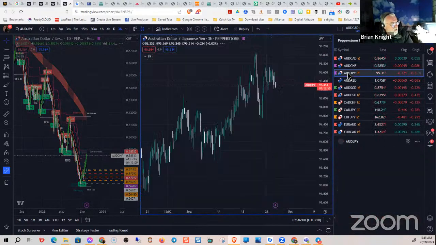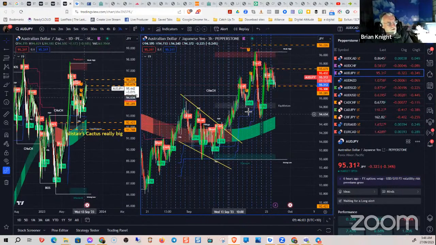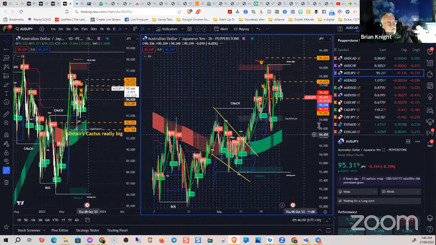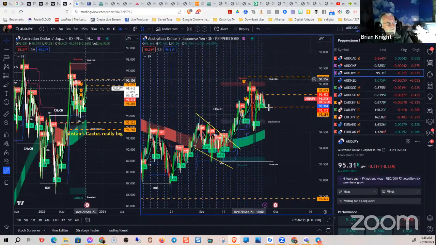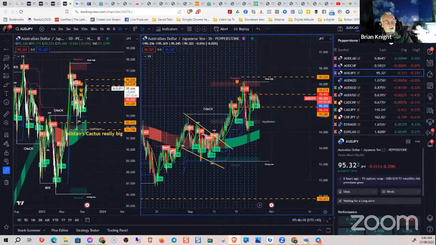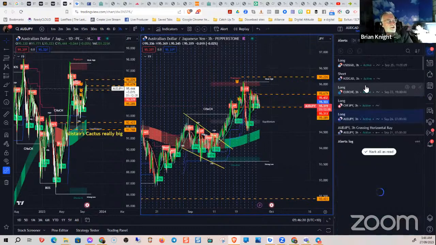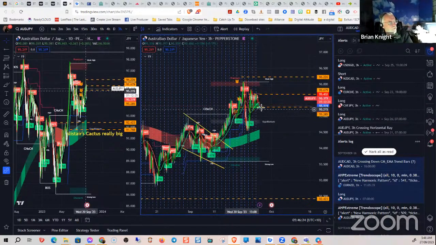Okay, AUD JPY still is sideways on the daily. This choppiness in here, I don't want to know about it at the moment. I have put alerts on in here. I've got 3 alerts, a high and low, and I'm pretty sure on AUD JPY I have, yes, a long alert for a buy.